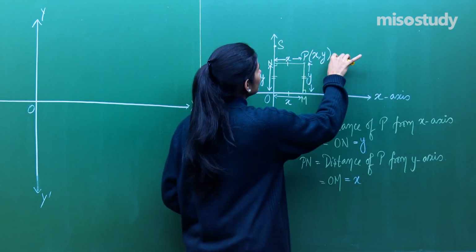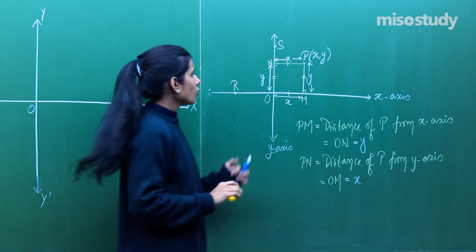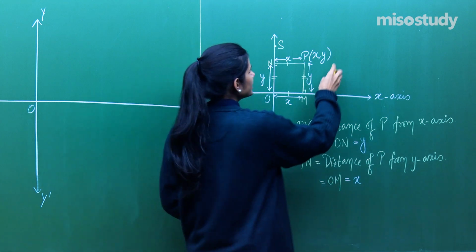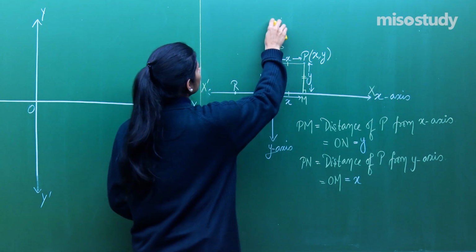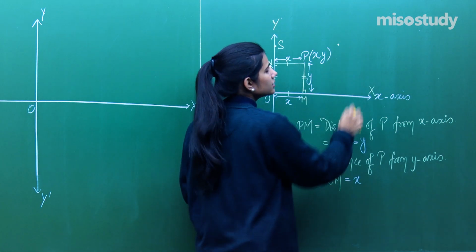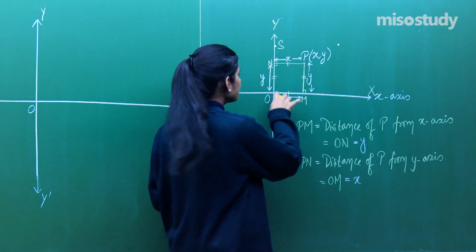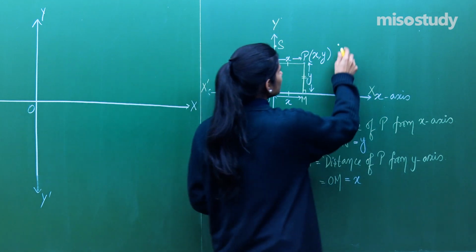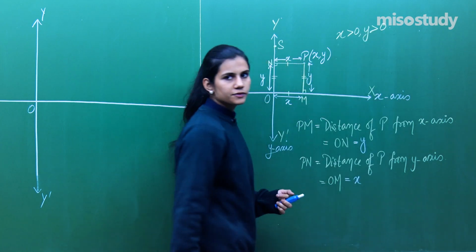The point can lie either in the first quadrant, second quadrant, third quadrant or fourth quadrant. When will a point lie in the first quadrant, when in the second, when in the third, when in the fourth? If a point is lying in the first quadrant, that means it is lying in the XOY quadrant, meaning the positive x-axis and positive y-axis are contributing. So its x coordinate is going to be positive, y coordinate is going to be positive.